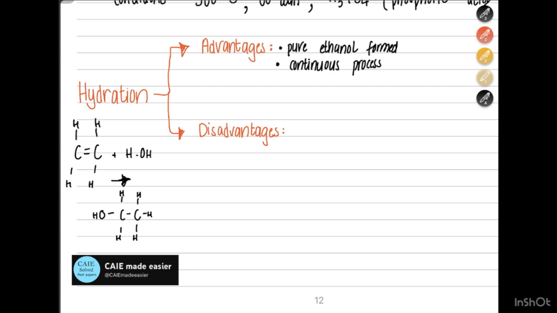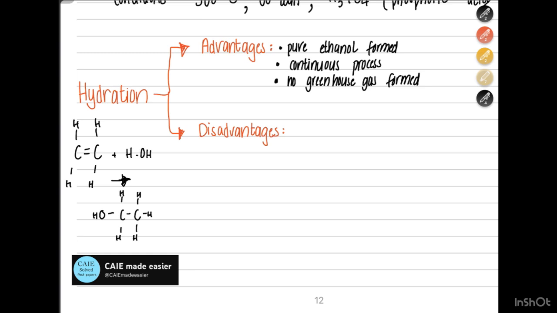If you remove the yeast, it can be used in another reaction, and if you remove the ethanol, it can help the reaction to continue. Now, another advantage is no greenhouse gas is produced. Greenhouse gas, for organic compounds, is usually carbon dioxide.